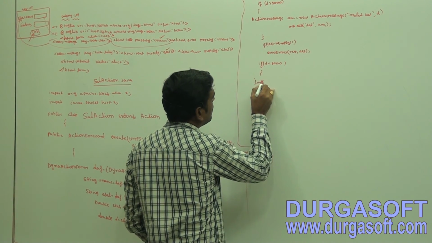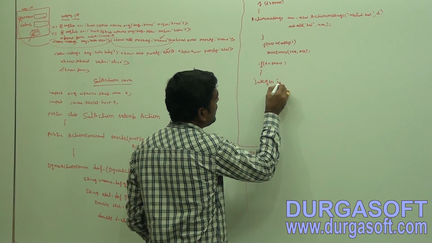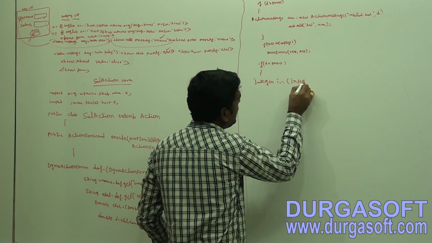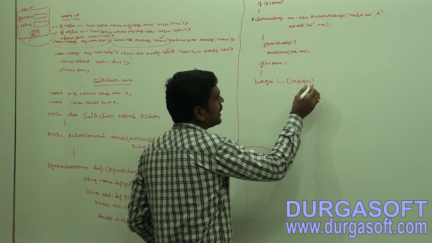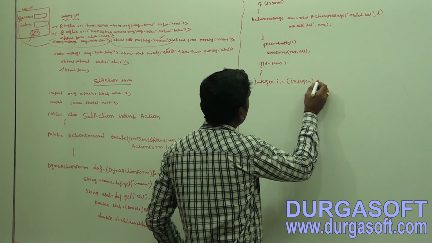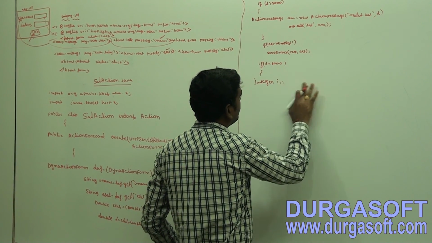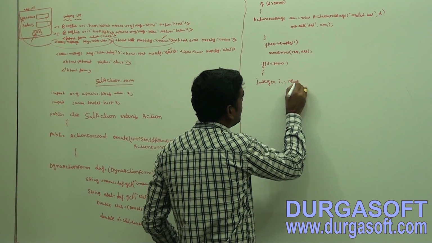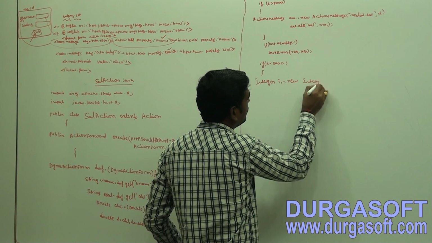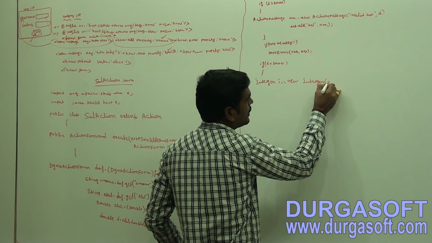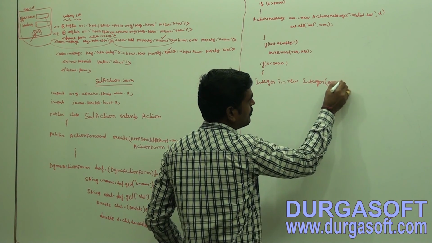Integer i1 is equal to new Integer of so and so amount, 8,000; I am going to give a bonus.